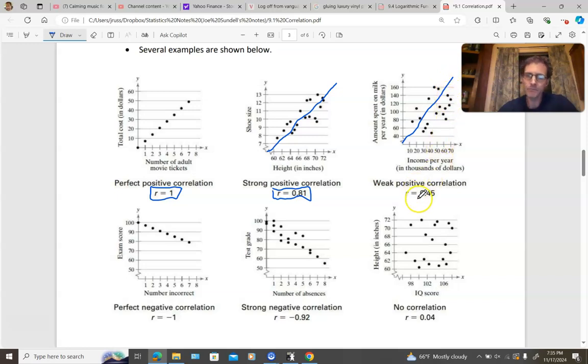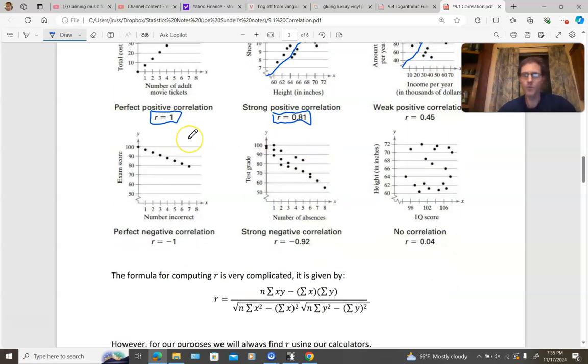Okay. And then down here, guys, we've just got some examples with negative correlation. So this would be like the number of questions that you miss on a test and your corresponding score. So the more questions that you miss, the lower your score, right? So there's a negative correlation here.